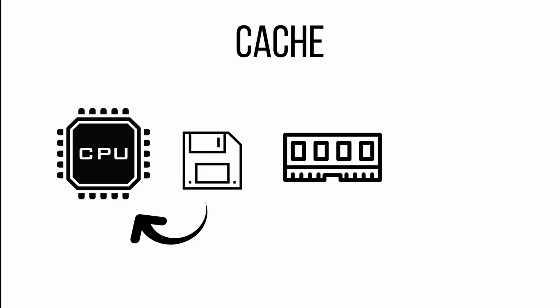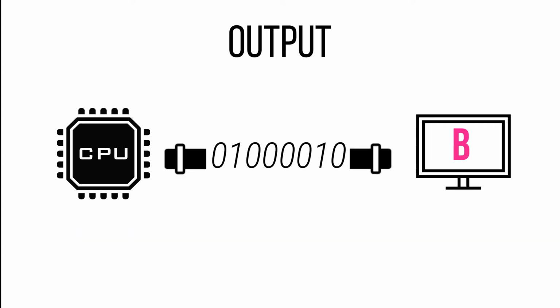So the CPU can now run the calculations for how to draw the character, and then it'll store that information in memory. Finally, this information is sent to the output device, which converts the binary information into what we see on the display. So how does this work behind the scenes?